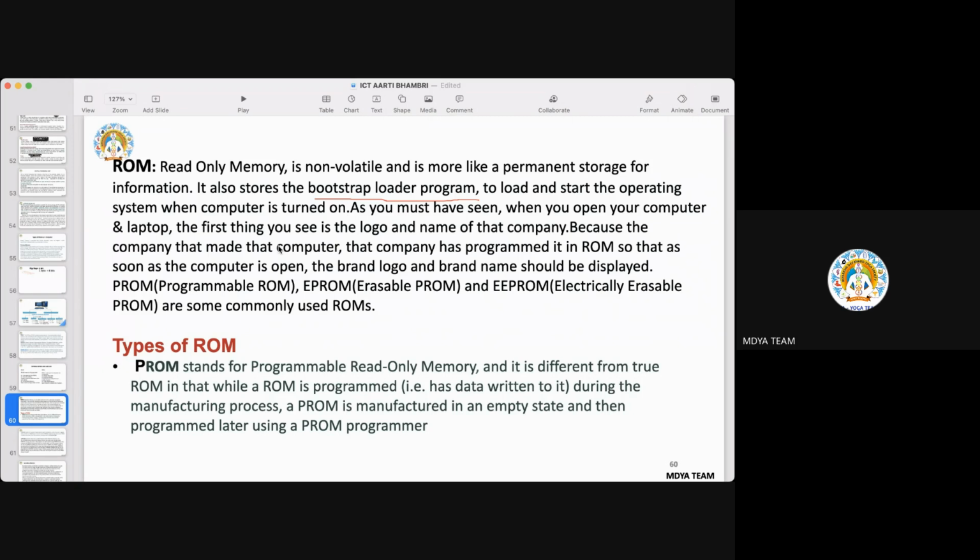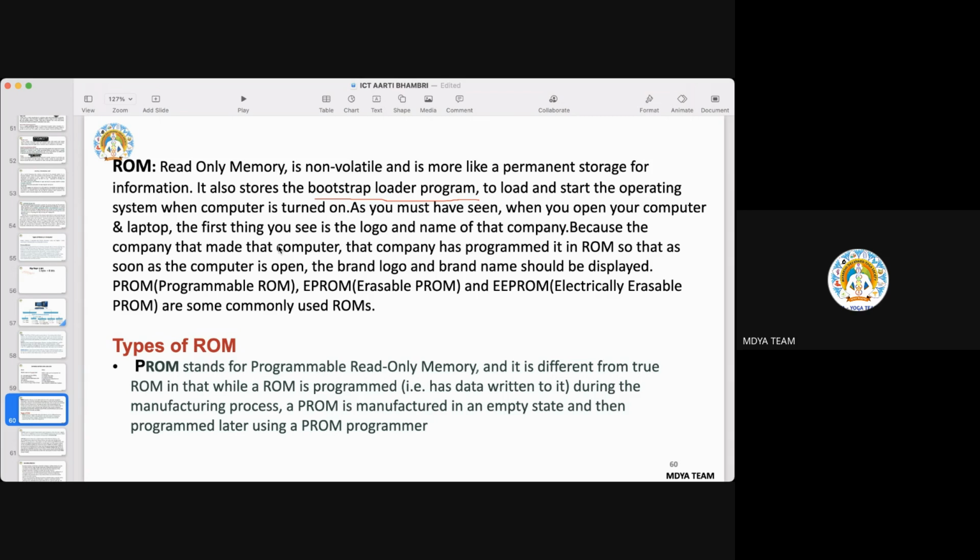It is different from the true ROM in that, while a ROM is programmed during the manufacturing process of a particular system, a PROM is manufactured in an empty state and then programmed later using the PROM programmer.